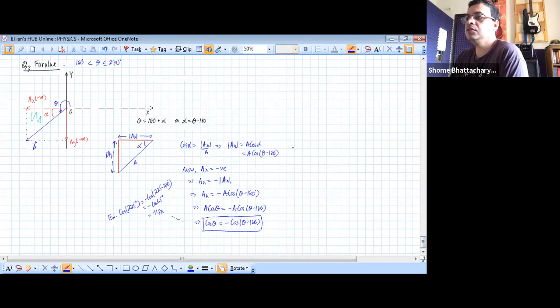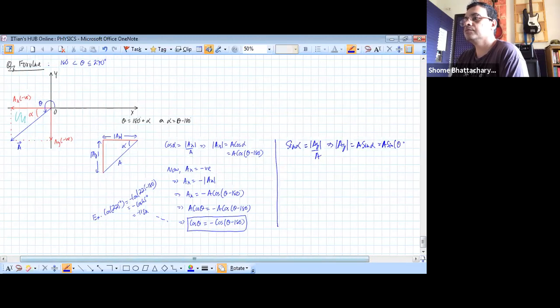So similarly, you can see in this that your sine alpha will become mod of Ey by E. So that means mod of Ey is E sine alpha or E sine (theta minus 180). But now here Ey is also negative.